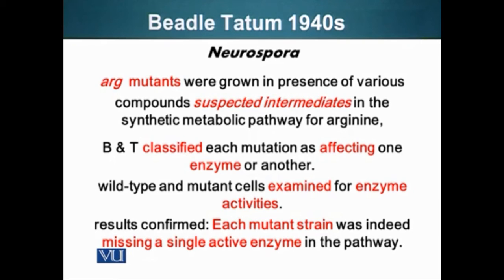Wild type, meaning the original strain which did not require any special nutrients to grow, and the mutant cells were examined for enzymes and their activities using biochemical assays. The results confirmed that each mutant strain was indeed missing a single active enzyme in the pathway of arginine production.